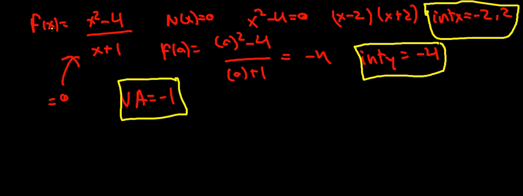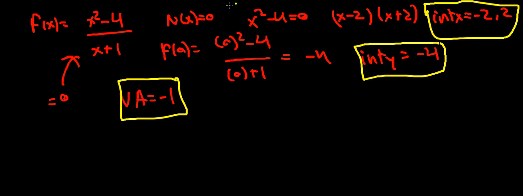It just does not divide out evenly, but it is a line. So what we're going to do is divide x plus 1 into x squared, and find out what line this approaches. What line does this look like as x goes to infinity?